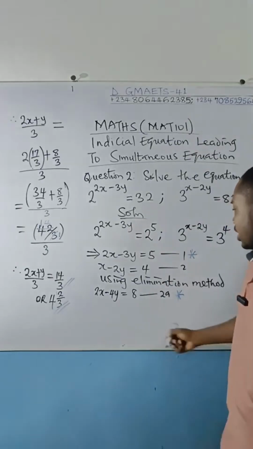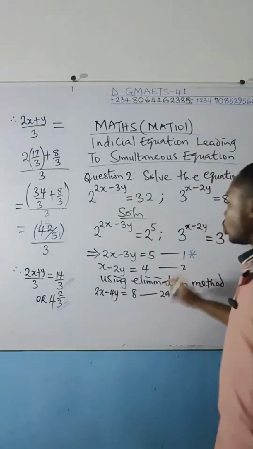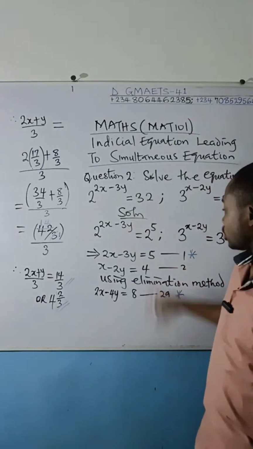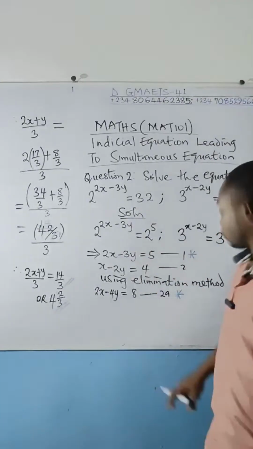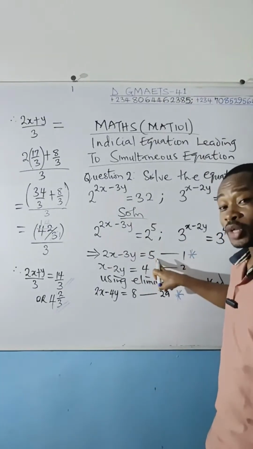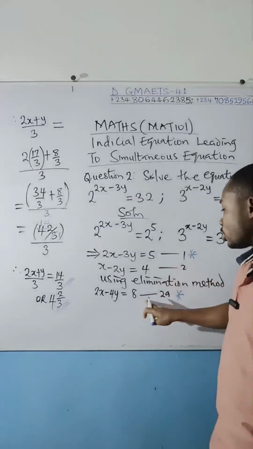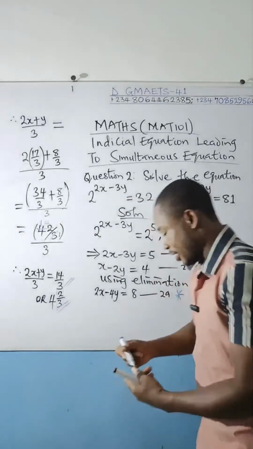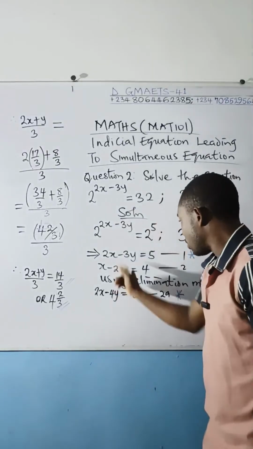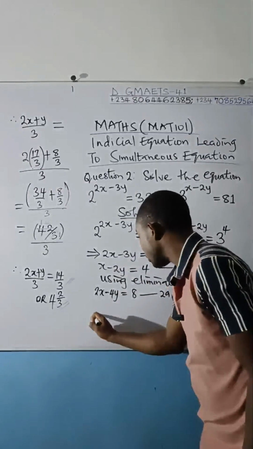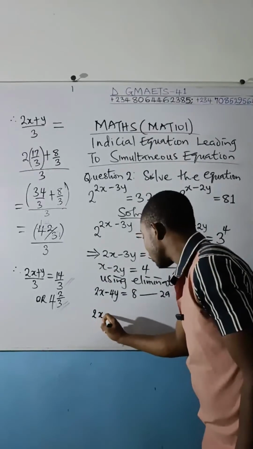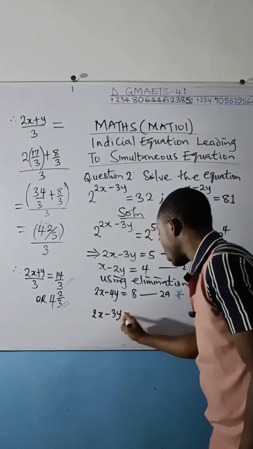So I want to eliminate. I'll subtract equation 1 from equation 2a. So this implies that I'll come over to this and write 2x minus 3y equal to 5.